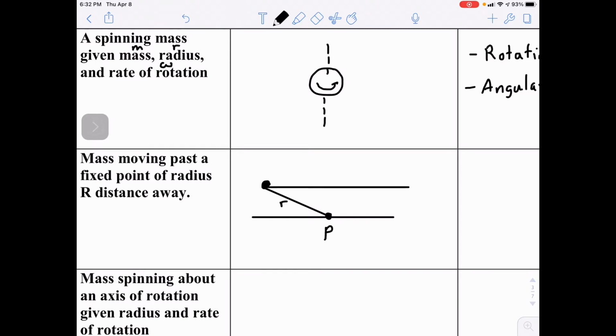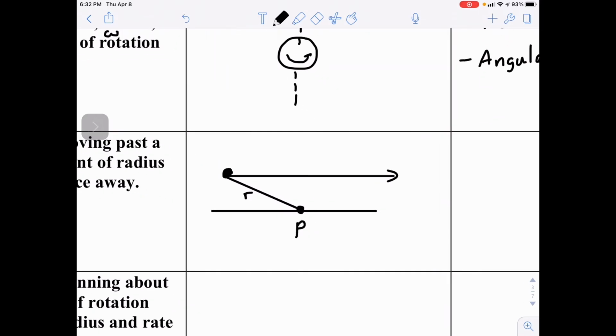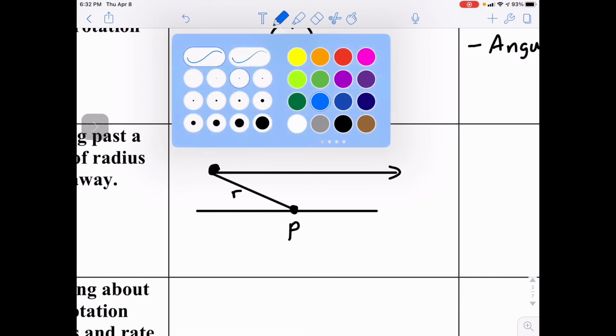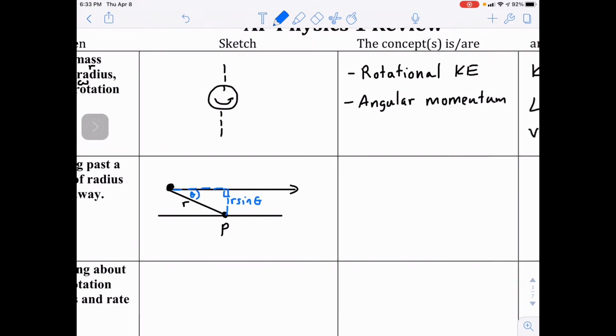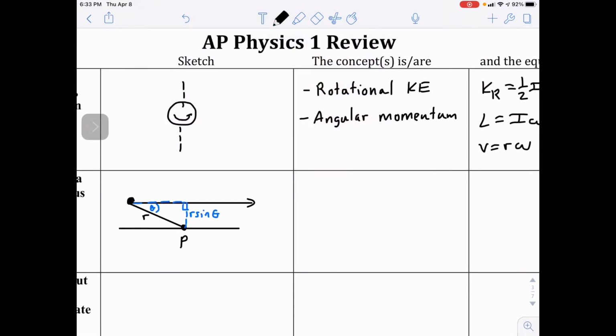The way we can describe this is if we look at the perpendicular component of r, which would be r sine theta, if we make this theta. Then this is an example of an angular momentum problem as well, but this is the angular momentum of a particle or a point mass.